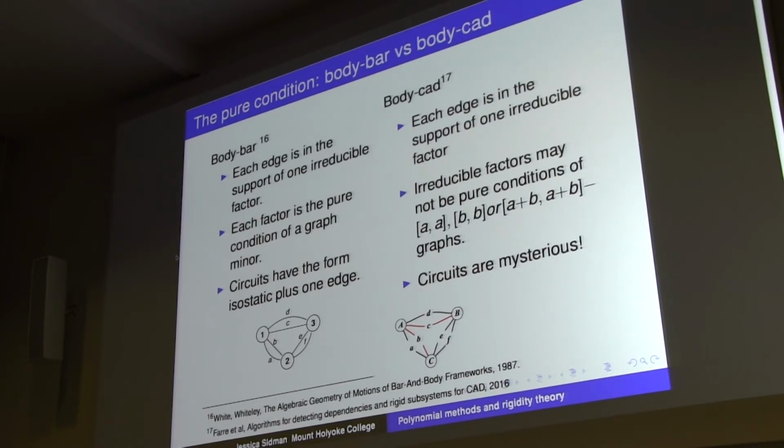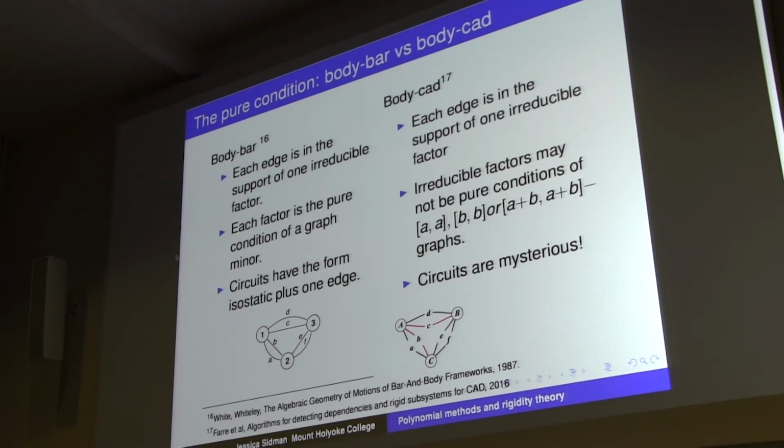So we showed that each edge is in the support of one irreducible factor. In the body-bar setting, each factor is the pure condition of a graph minor. Here, though, in the other setting, irreducible factors might not be pure conditions of any sort of nice subgraph or quotient graph. So it's a little more complicated here.